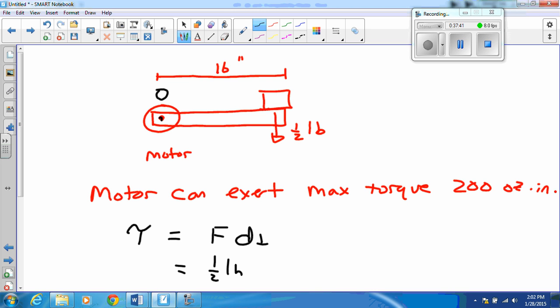Okay? So now we put in the numbers. Our force is 1/2 pound of force. How many ounces is that? 8. 8 ounces, that's right. And we have 16 inches of distance.